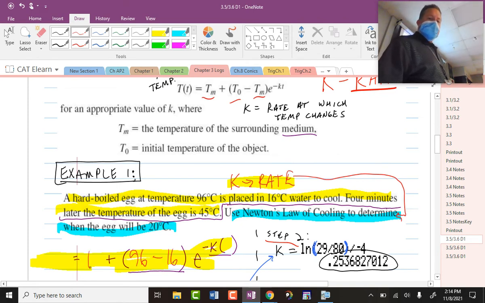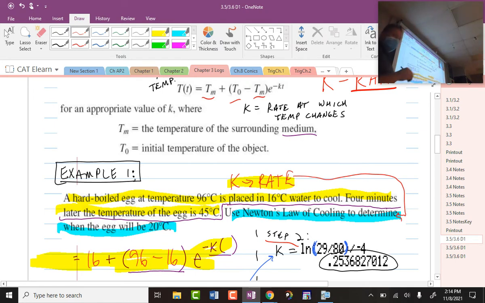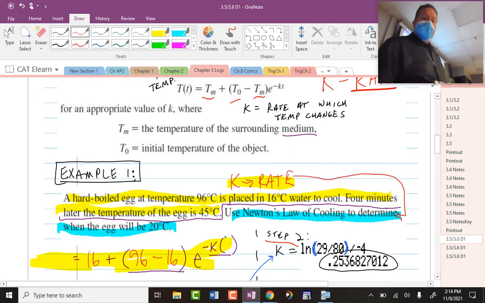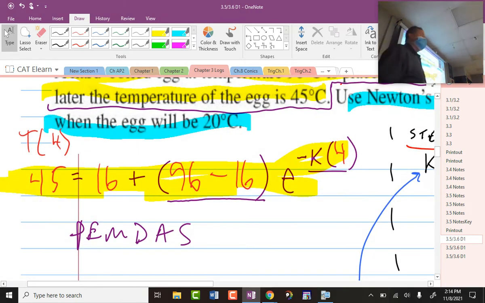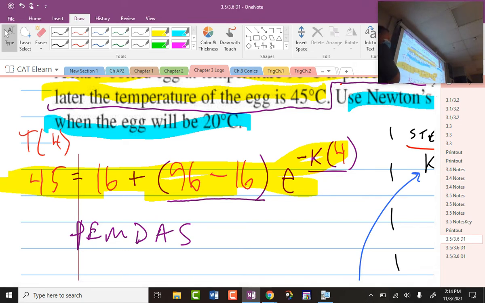How many minutes does it take for the thing to happen in the yellow? 4 goes over here. What happens in 4 minutes? What is T of 4? After 4 minutes, what is the temperature? 45 goes over here. This is T sub 4. And this is why the yellow sentence is enough, because I insert all those things and the only missing thing is the K value.